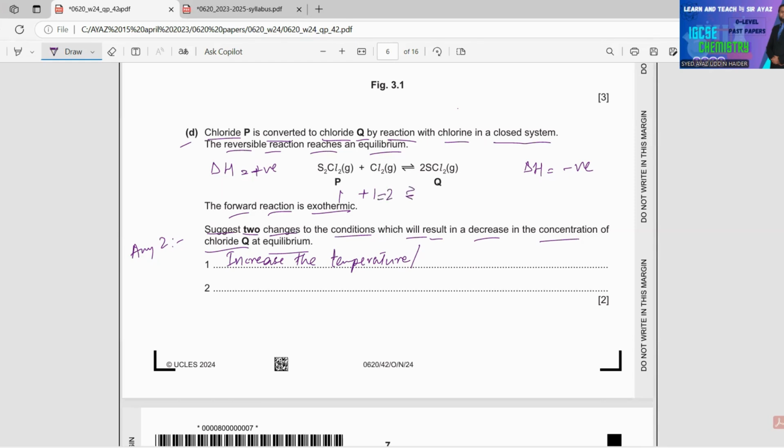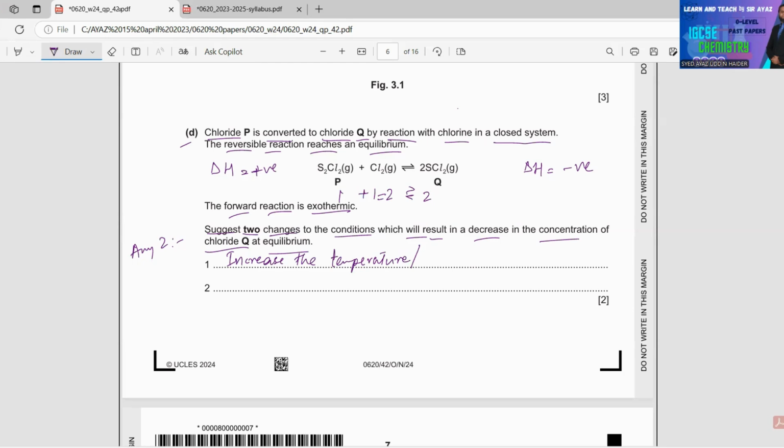On the right hand side, we are again having 2 moles. So it means we are having the same moles of gas molecules on both sides of the equation. So the effect will be zero, no effect from the change in the pressure.